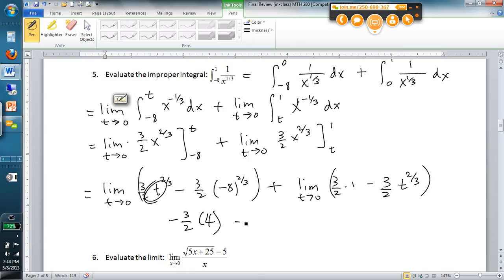About the same thing happens over here. This goes to 3/2. This goes to 0, doesn't it? As t goes to 0. So it's just -3/2 times 4, which is -6, plus 3/2. Is that negative 9/2?